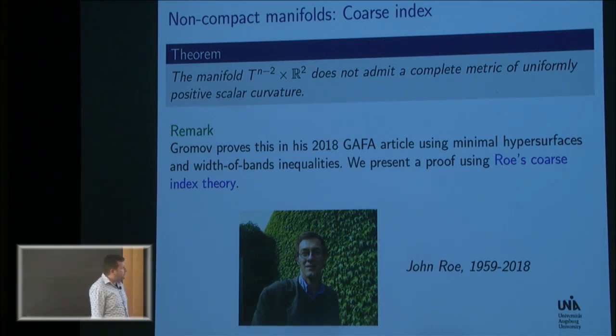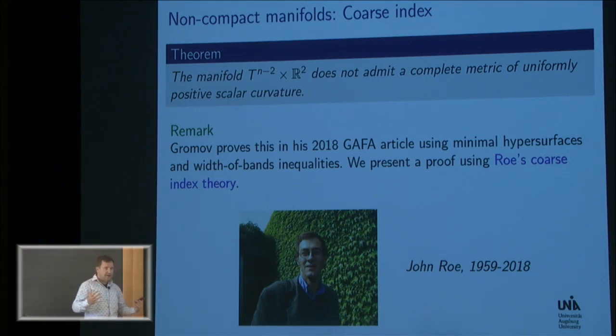And this technique is based on Roe's coarse index theory, which I find is a really marvelous tool to treat the positive scalar curvature question from an angle or a point of view that has not been present so much during this week.